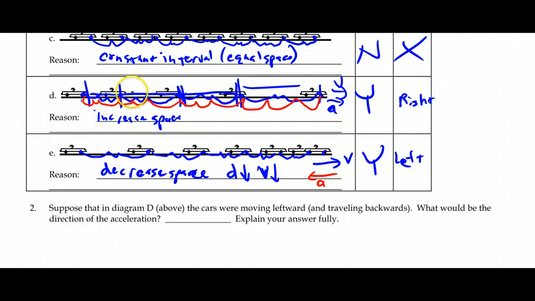Now that indicates that as we moved to the left, we would have been getting slower. That means the acceleration would still have to be to the right. So if we looked at this backwards, the acceleration would still be to the right.